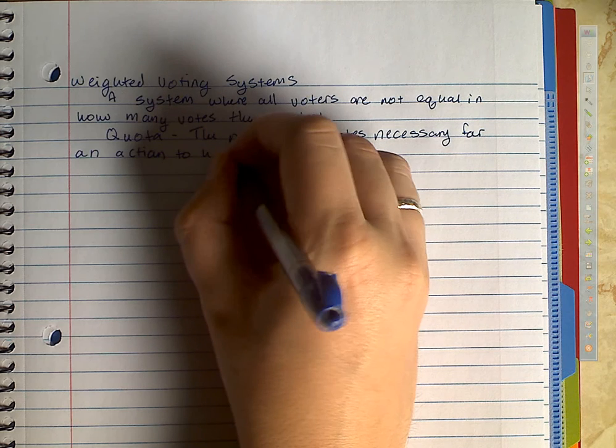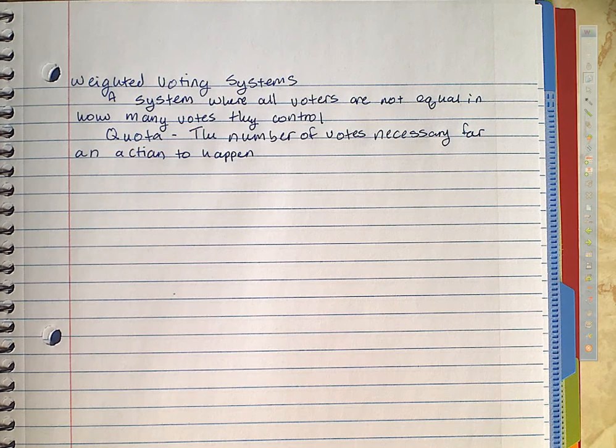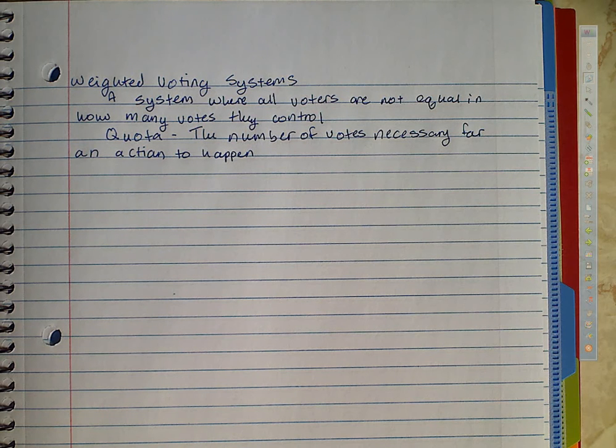So in this case, we're talking about the action of creating a new president. What's the quota for creating a new president? How many votes, or how many electoral votes, are needed to create a new president? 270. Right? Okay.